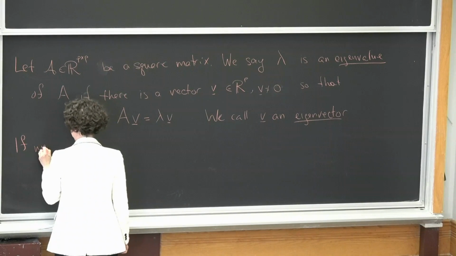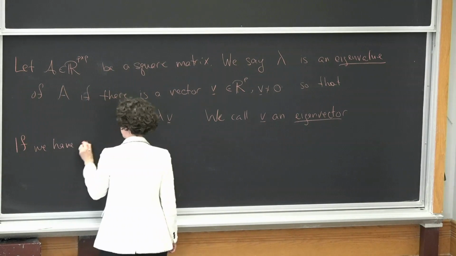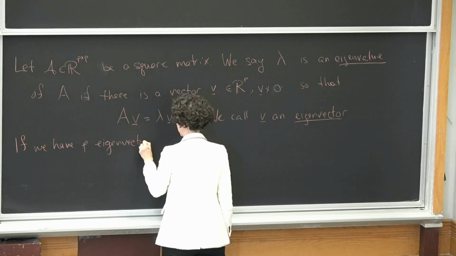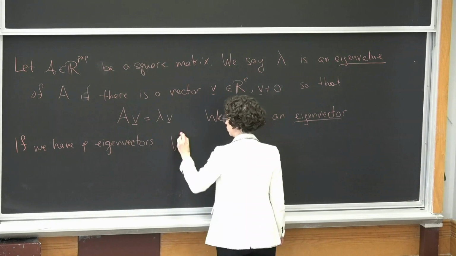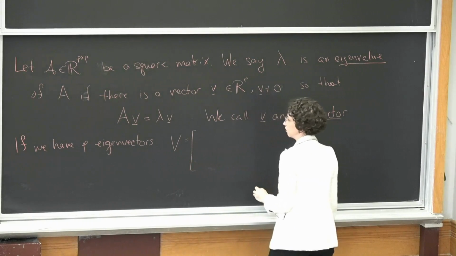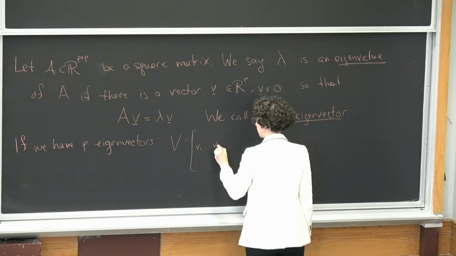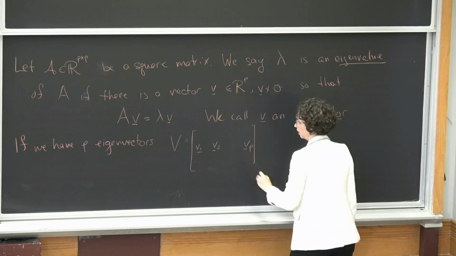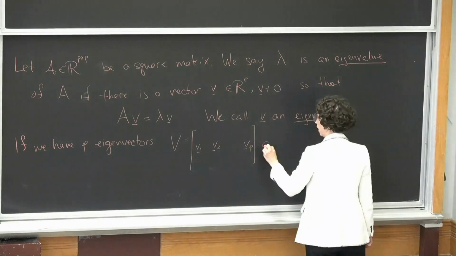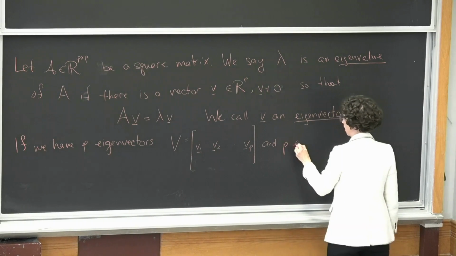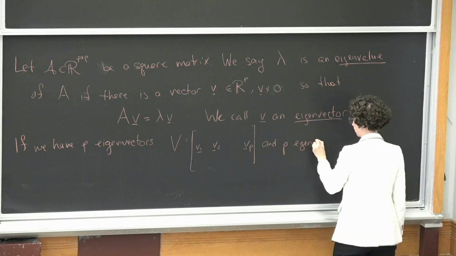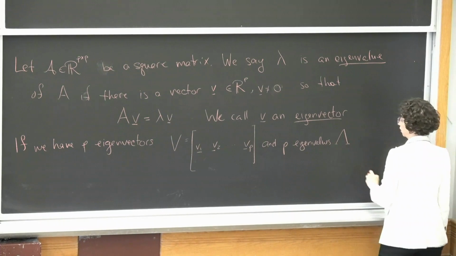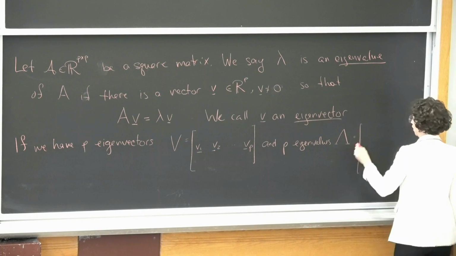If we have p eigenvectors, I'm going to put them all together in one big matrix V. So I'm going to have v1, v2, all the way to vp. And p eigenvalues that correspond to them. I'm going to put these all in a matrix capital lambda on the diagonal.